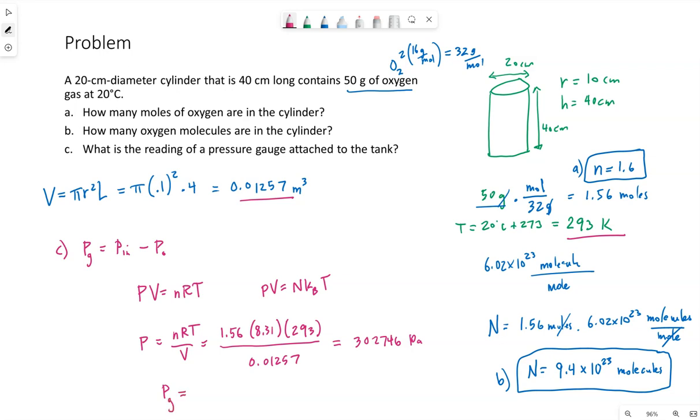My gauge pressure, I need to take this value minus atmospheric pressure, and I'm getting 201,446. Oops.